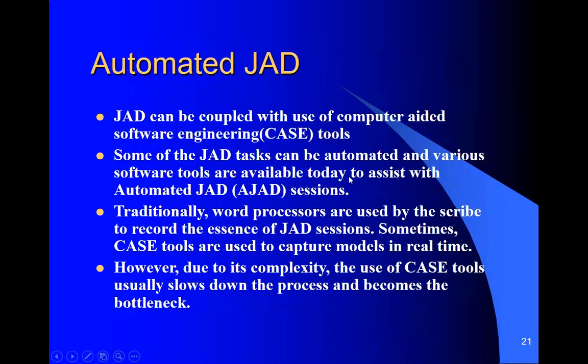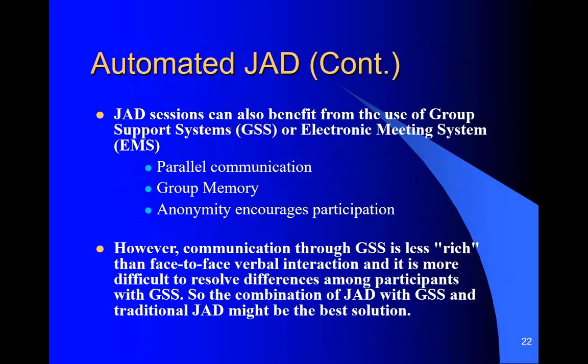Some of these JAD tasks could be automated, or some can be done manually. We can use word processors. A lot of people use Microsoft Word and PowerPoint for JAD sessions. Other options are electronic meeting mechanisms, parallel meetings, and group memories.